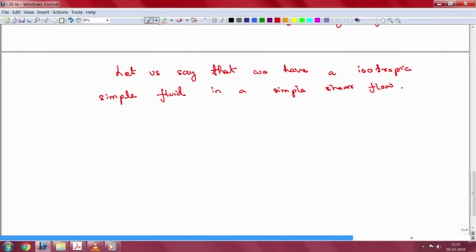We know the form of the velocity field, but the question is what is going to be the form of the stress tensor. So we want to now understand how the stresses in the fluid are going to develop.